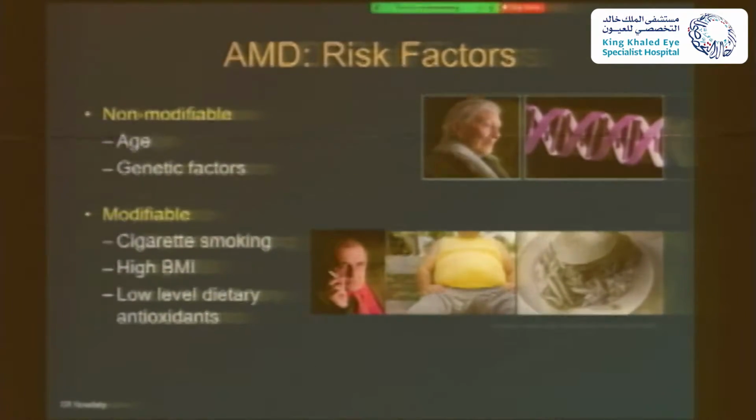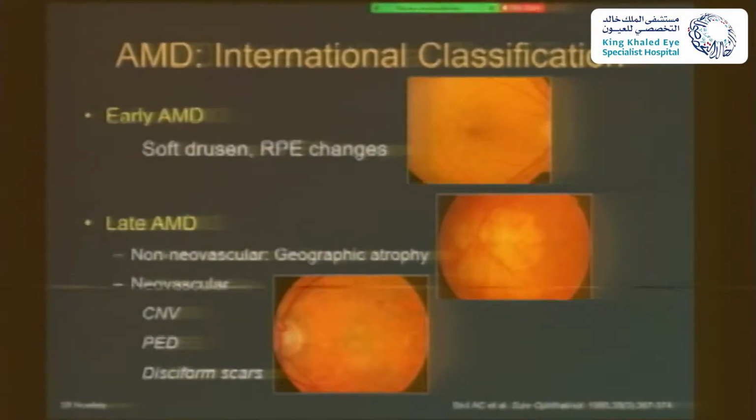You cannot really make the diagnosis of age-related macular degeneration for somebody who just has drusen but is 35 years old. That's not AMD. Okay, cigarette smoking, obesity, and low level of dietary antioxidants may also contribute. Now, as per the international classification of AMD, early AMD is defined by the presence of just soft drusen and RPE changes.